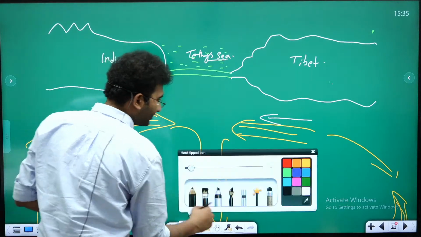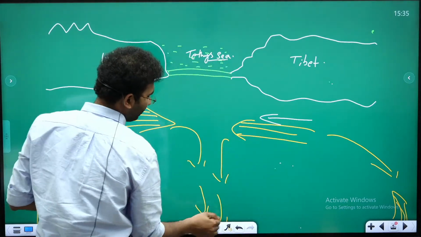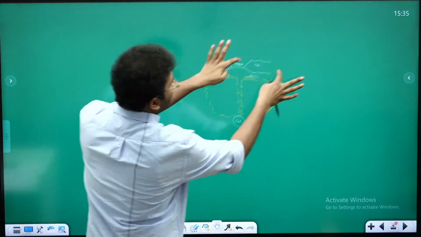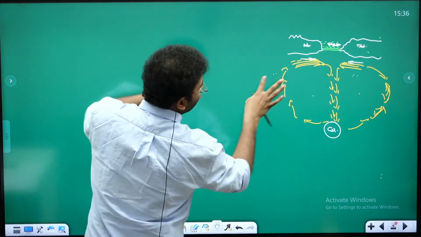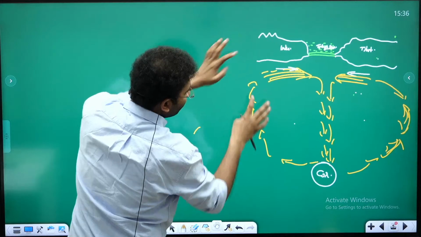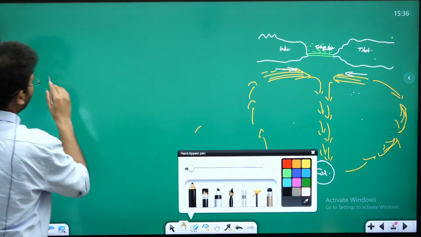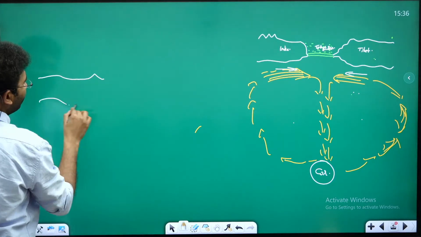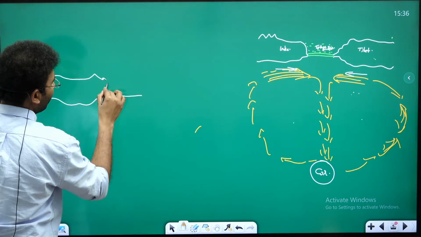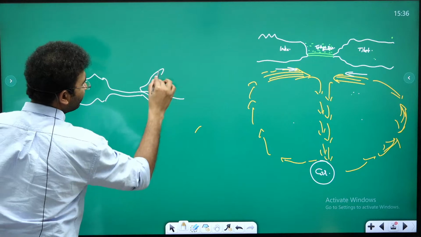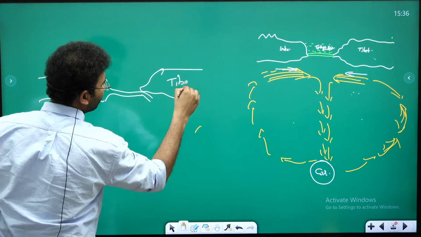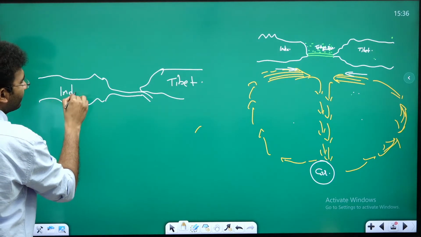Look, this Tethys plate, under the collisions, let us try to draw the interactions of these collisions. So this is your Indian plate, and then you have the Tethys Sea. When they started to collide with each other, and this is your Tibet, India.